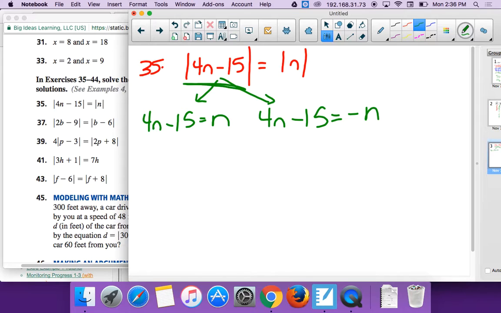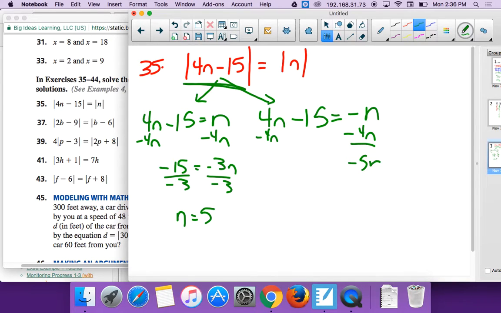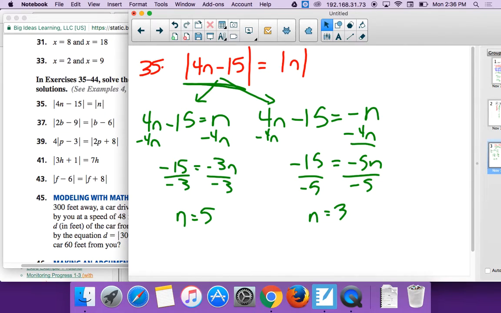Subtract 4n, you get negative 15 equals negative 3n, divided by negative 3, and n equals 5. On the other one, same thing, subtract 4n, that gives you negative 5n. You have negative 15 here, divide by negative 5, and n equals 3. So those are your two answers.